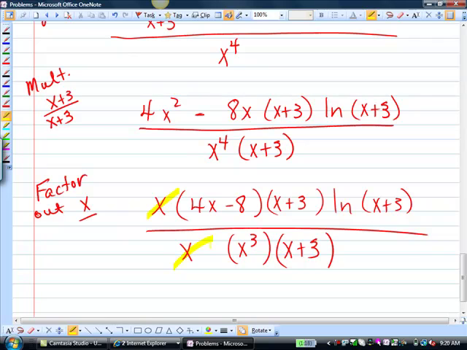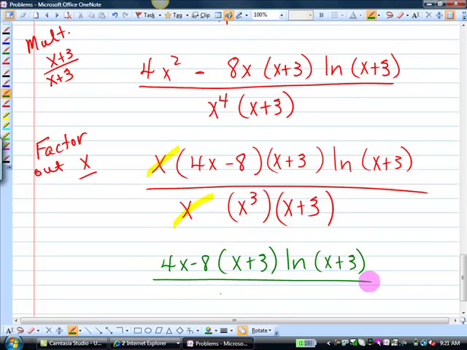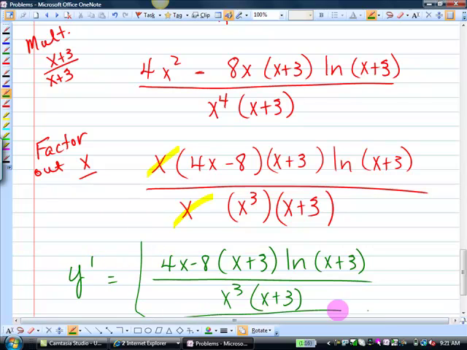Because the answer that they have is 4x minus 8, not in parentheses, then x plus 3 ln x plus 3 over x cubed, and then this in parentheses. I would get rid of the other, but they didn't. Okay? So when you're working a problem like this one, you're going to want to follow that format.